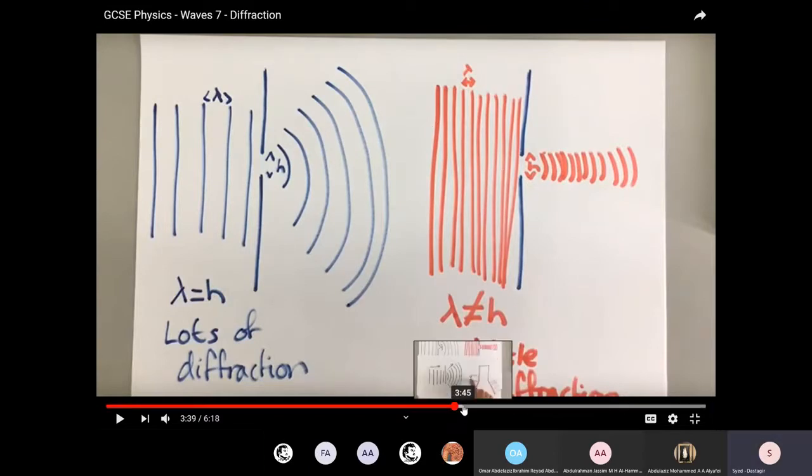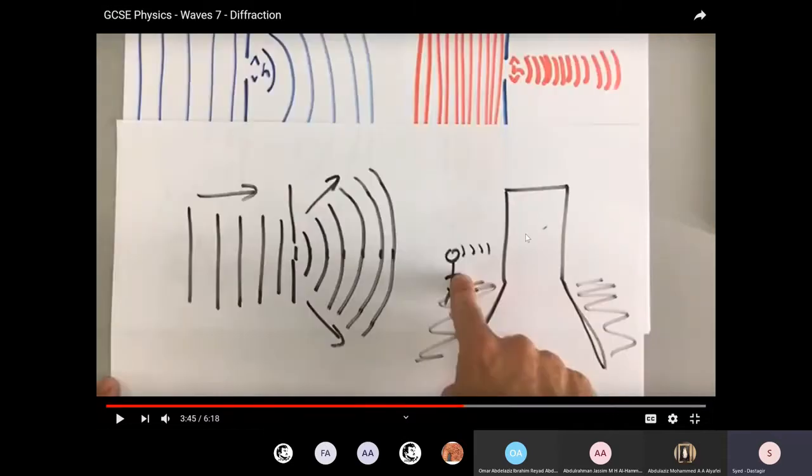Hopefully that makes sense. So that's why in our example of the door, we can hear the sound from the light bulb. Why? Because the wavelength is similar to the size of the gap, so sound waves will diffract.